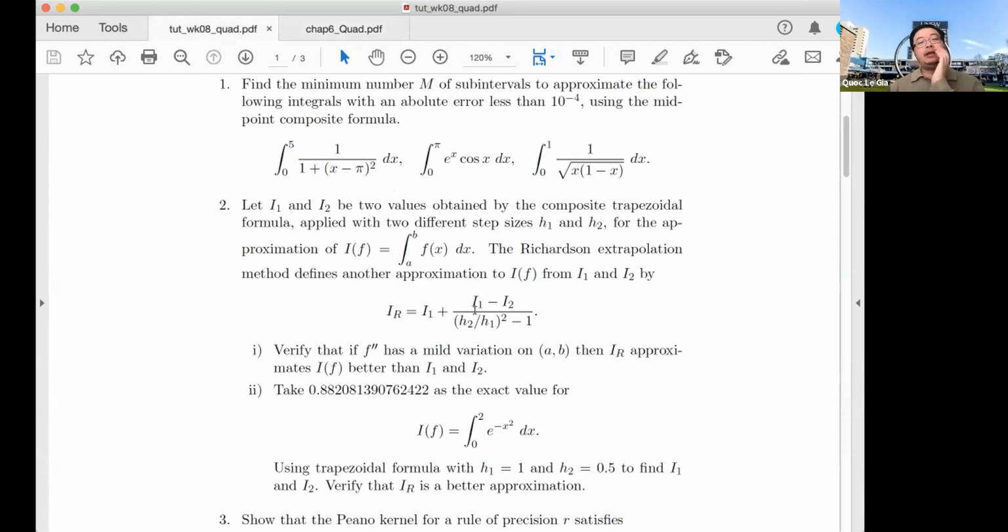So we have to do some transformation. Let me start by copying down the formula in the question.